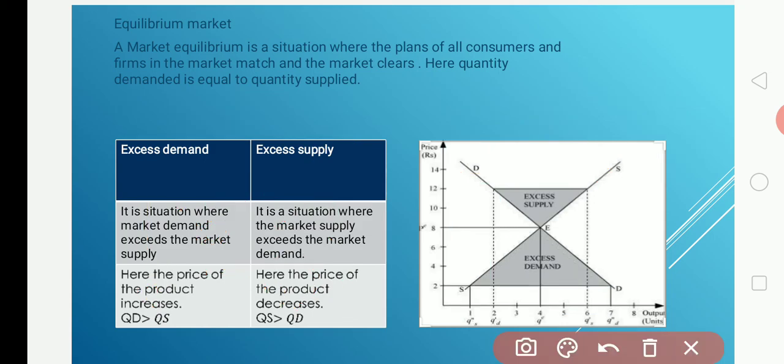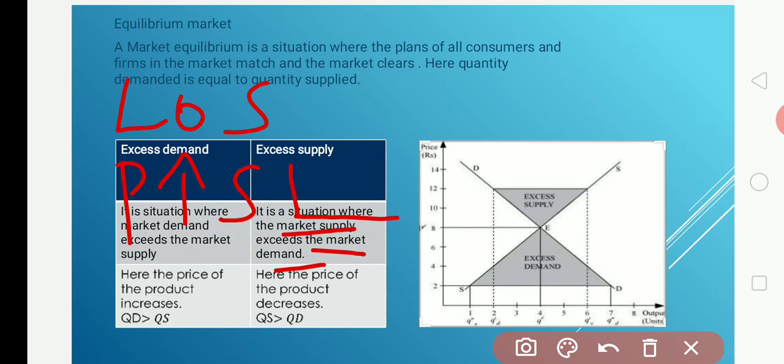Now we'll see what is excess supply. Excess means more supply. It is a situation where the market supply exceeds the market demand. Now you have to know the law of supply. According to the law of supply, when the price increases, supply also increases. When the price decreases, supply also decreases.